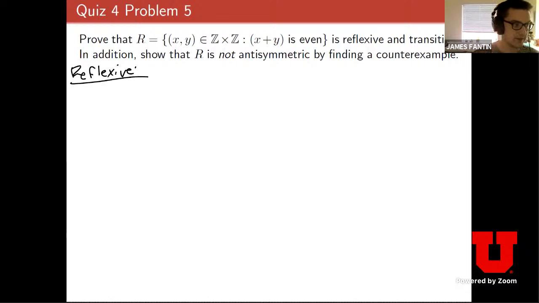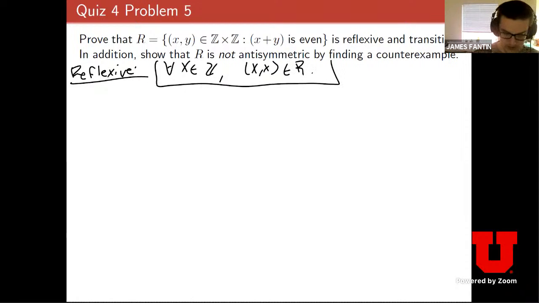So what do we have to show for it to be reflexive? Well, we have to show that basically for all x in Z, that x comma x is in the relation. So this is what we want to show, and then it's reflexive.